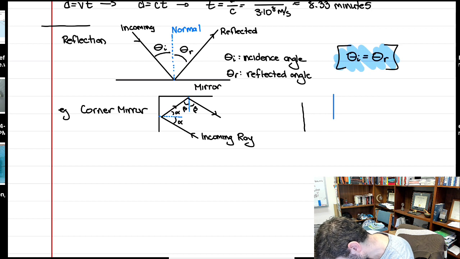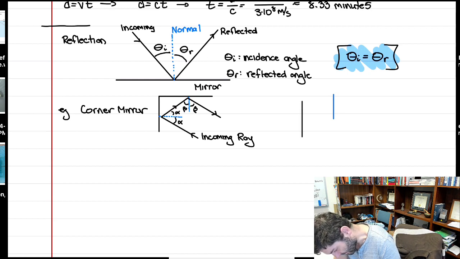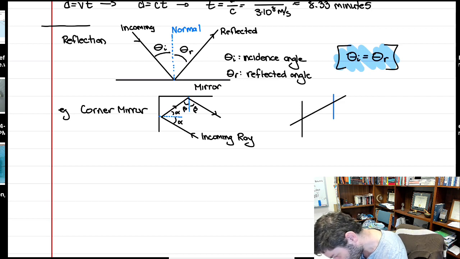The mirror I did not draw very straight. Let me try that again. Here's the mirror. Then I have the ray that went through both of them. So again, this part right here corresponds to this right here, and this corresponds to this, and this corresponds to this.